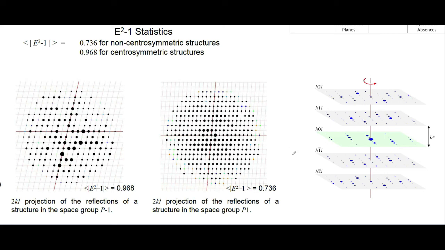And so we can obtain the Laue groups from the symmetry of our diffraction patterns, and we can determine whether it is a centrosymmetric structure or a non-centrosymmetric structure.